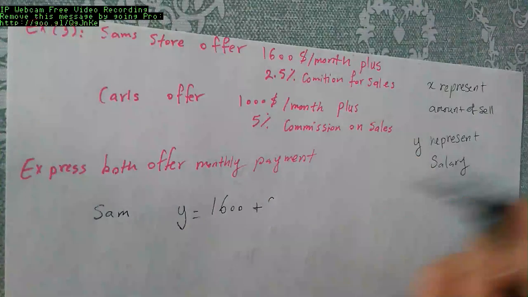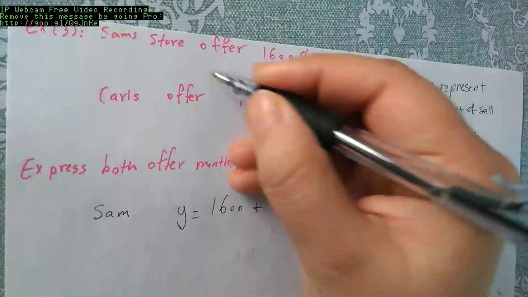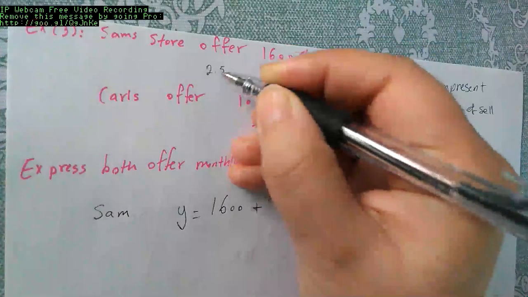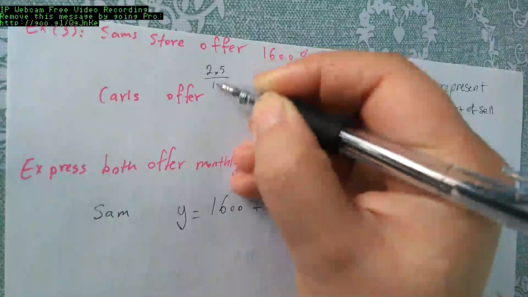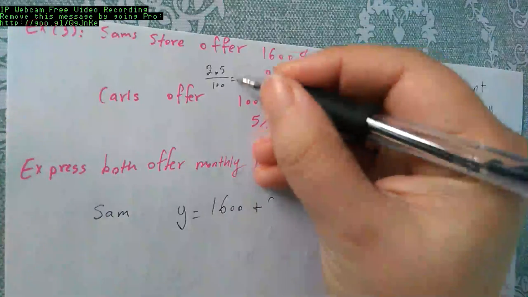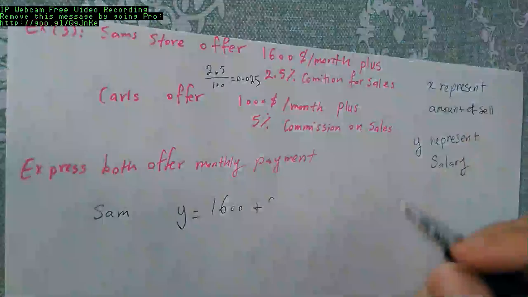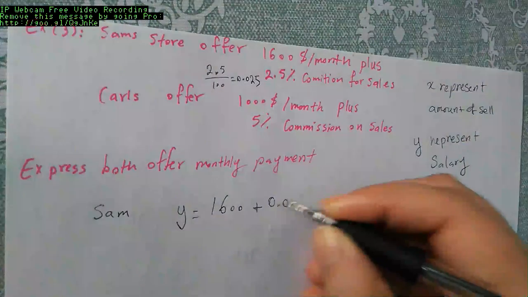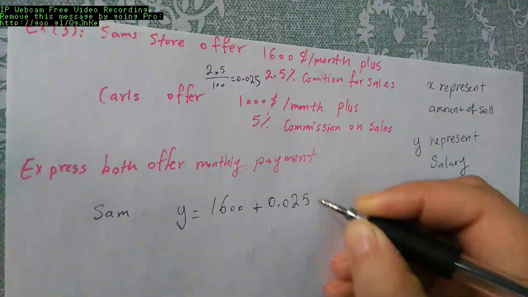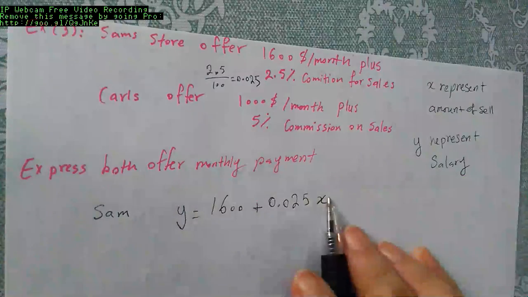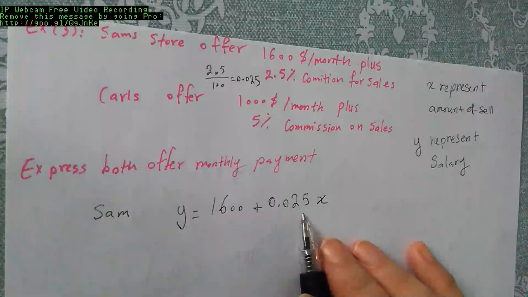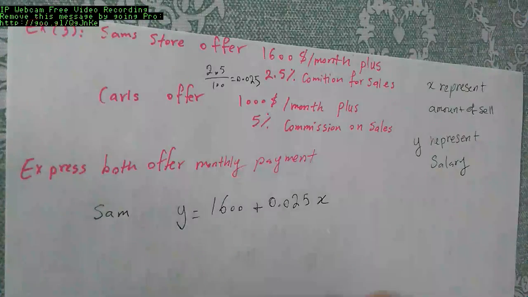2.5% of the sale. 2.5 percent is going to be 2.5 divided by 100, which is 0.025. So it's going to be 0.025x. It depends how much you sell, you get that commission.